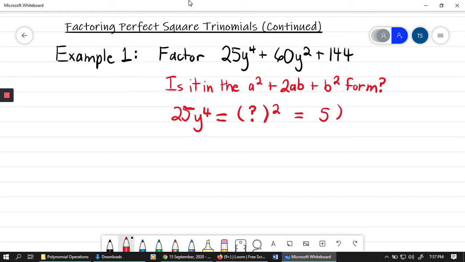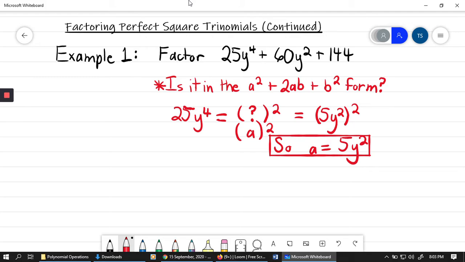And to figure out the variable part, we said you can divide the exponent of that variable by 2. We see y to the fourth power, so if we divide that exponent by 2, that would be y to the second power. What that lets us know is that a is actually 5y squared.